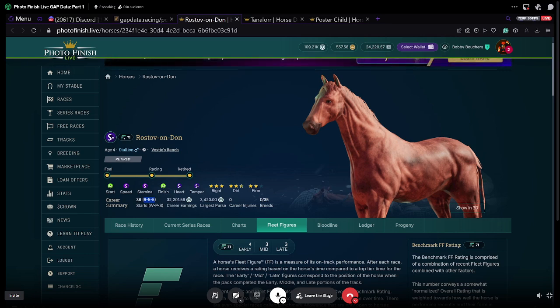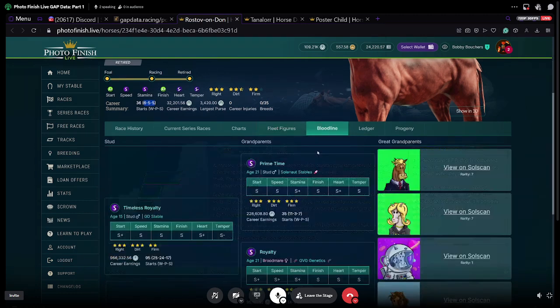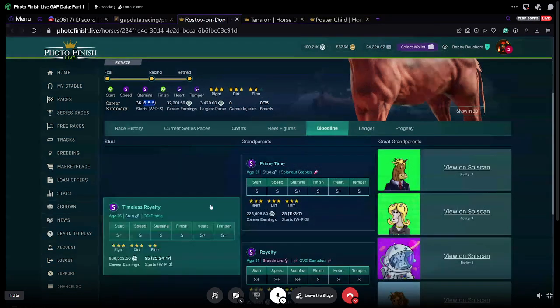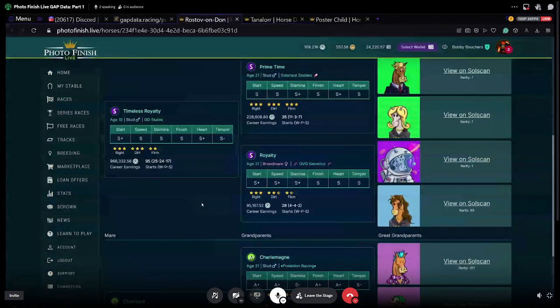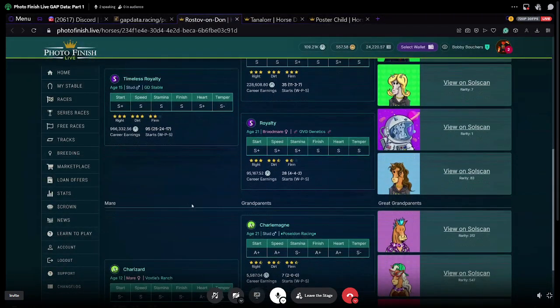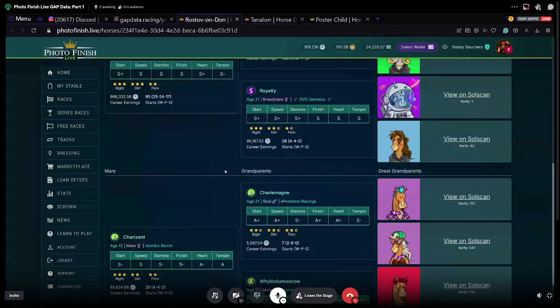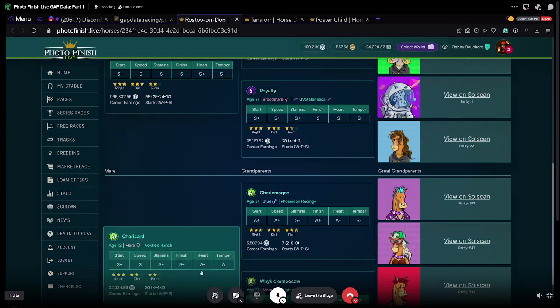Hang on, let me look at what he should have been. Okay, so S plus, S minus. So he's supposed to be an S. Supposed to be an S minus. Okay. S minus, S. Okay. And then S plus, A minus. Oh my God. A minus. What the hell? So S minus, A plus.